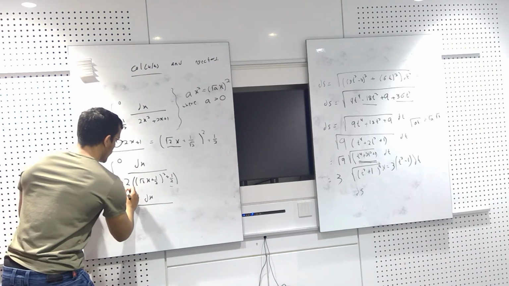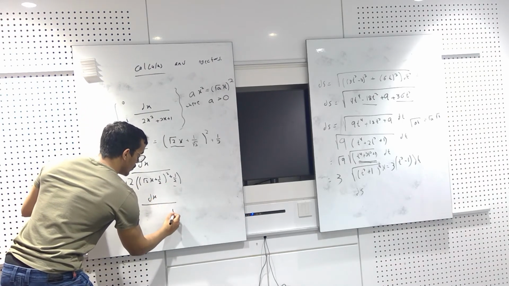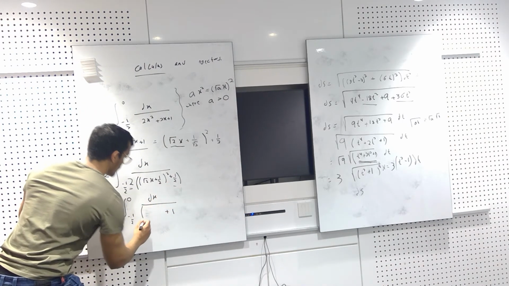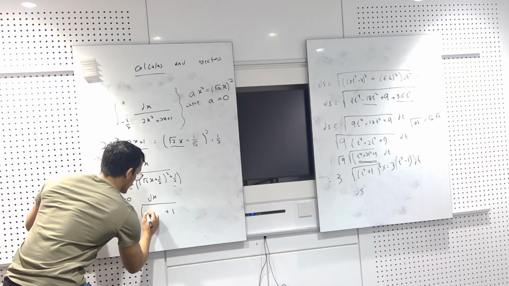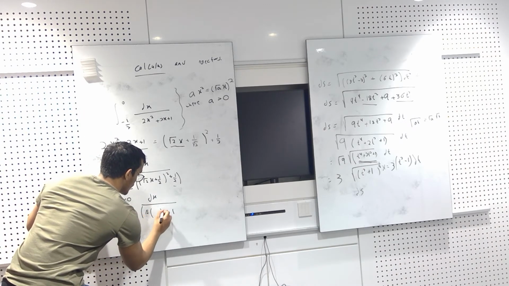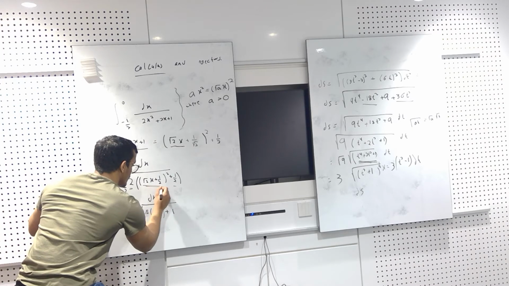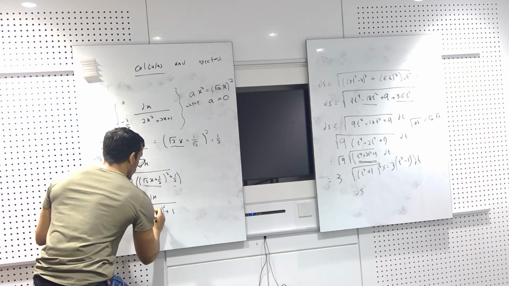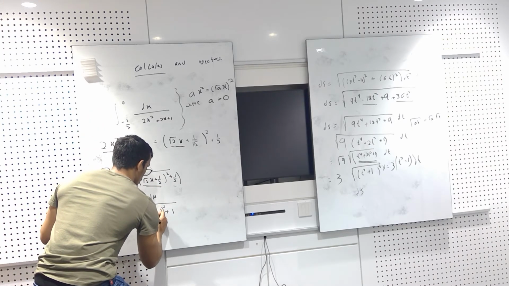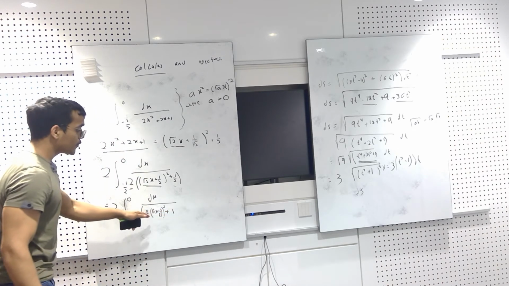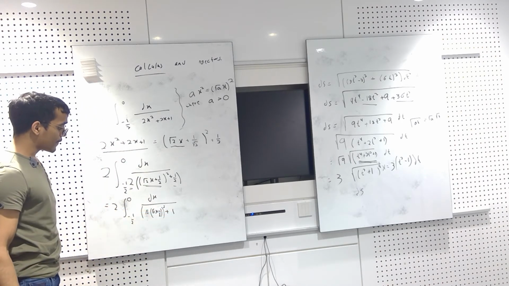So once we simplify this expression, this will be 1 plus the square root of 2 times this thing, all squared, for all of them, 2 square root of 2 plus square root of 2 times x plus half.